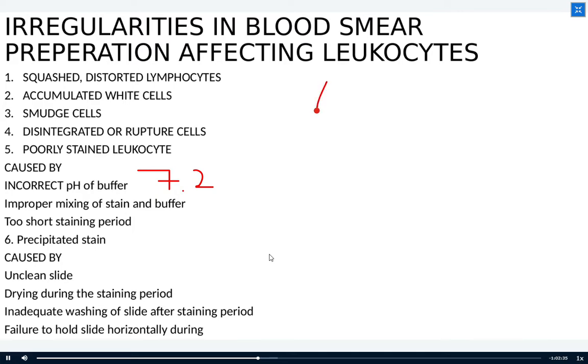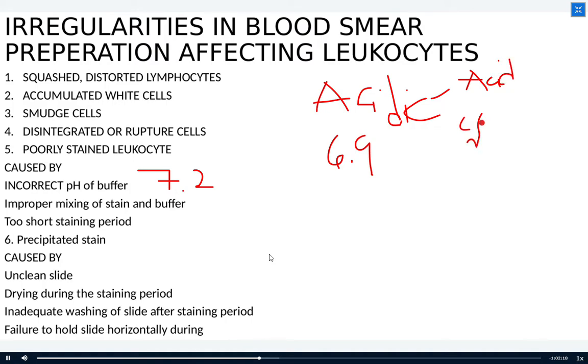Now, if your buffer goes below, let's say around 6.9, it's acidic, and your acid components would become brighter or pinkish. But if it's more basic, the basic components would become darker.